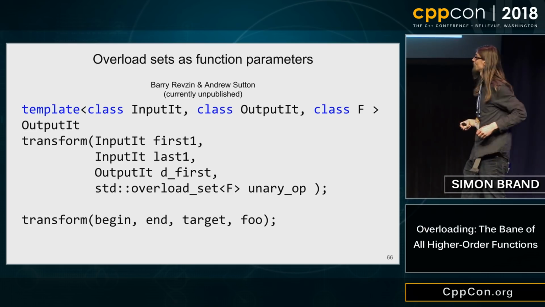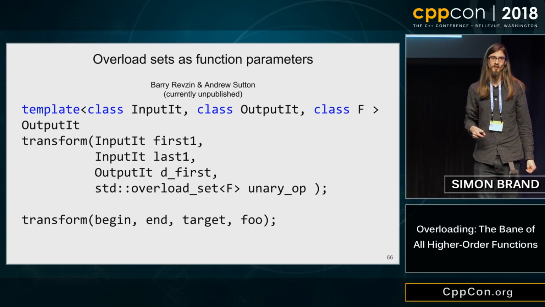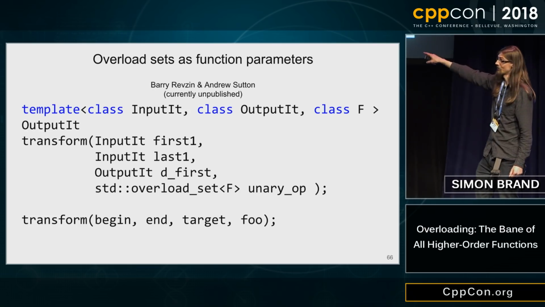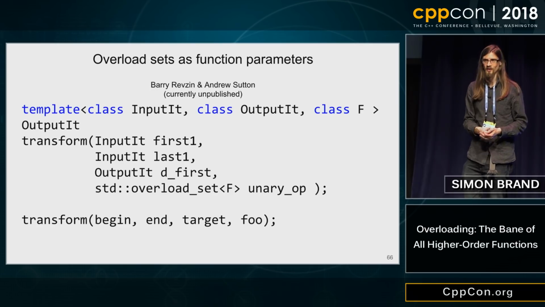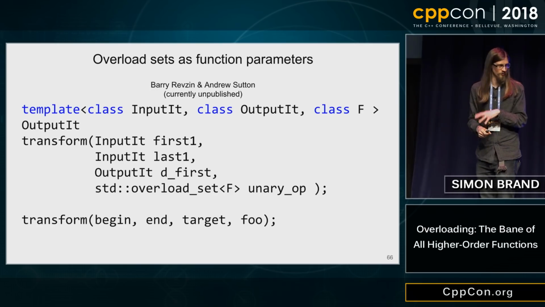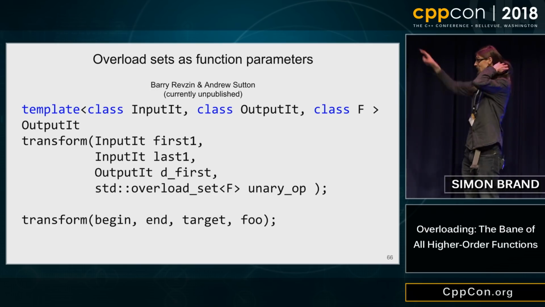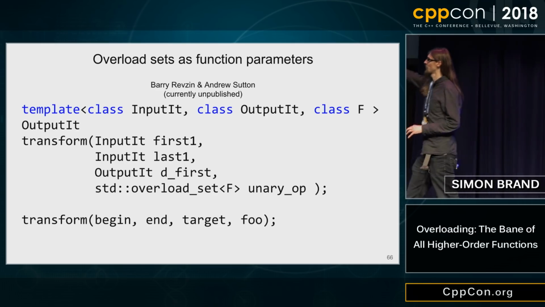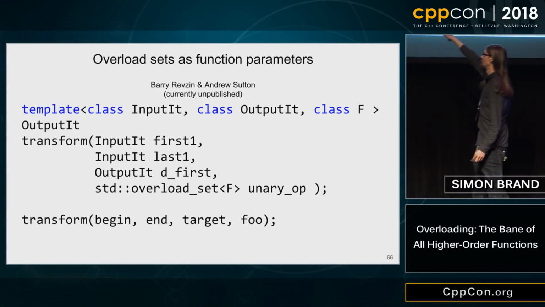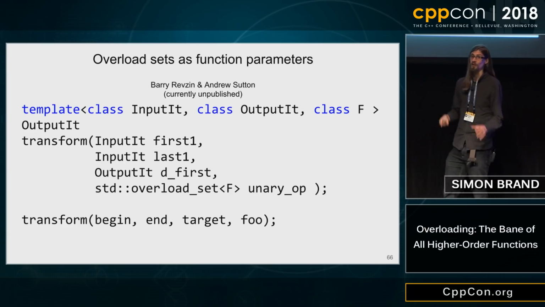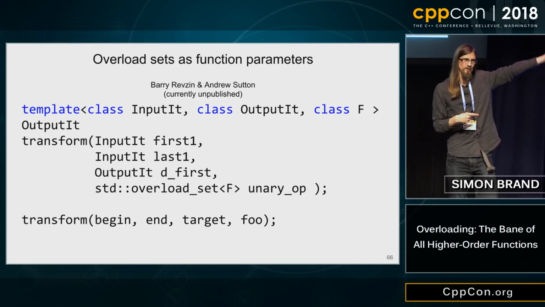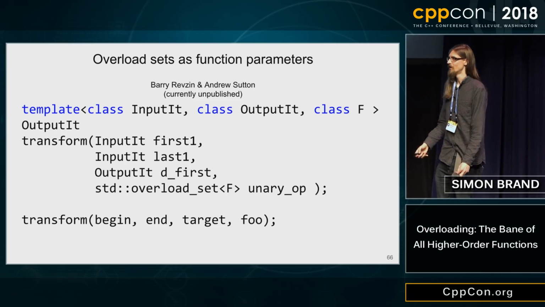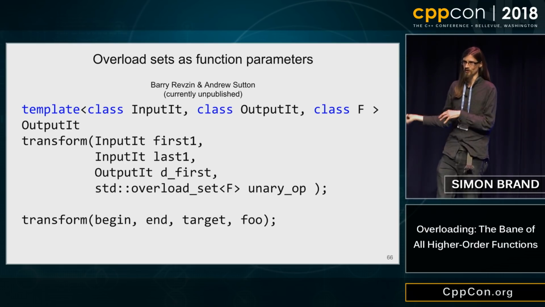By virtue of the overload set being in the declaration, being this parameter for this function, the overload set gets created. So this solves some problems with older papers, such as one Andrew Sutton wrote where this would just happen by magic, even if you didn't have an overload set thing in there. In some cases, your name would be lifted up automatically. But there were a number of problems found with that. So this is supposed to be kind of a halfway house.